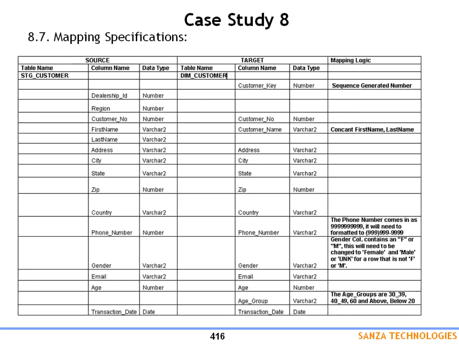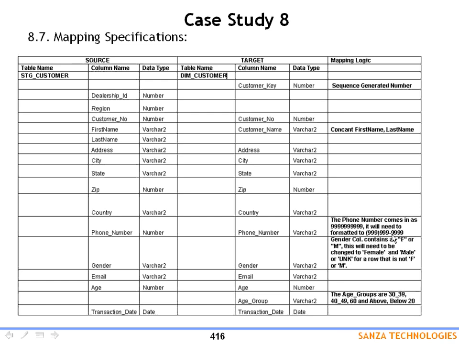Then concatenate first name and the last name while loading the customer name into the target table, and reformat the phone number, which is coming in like this. I need to put brackets in it and also a hyphen in this.